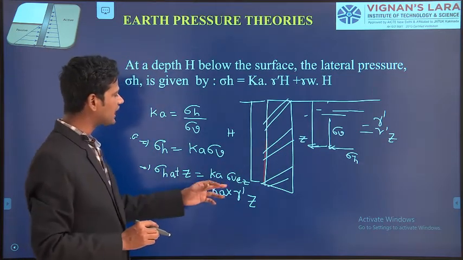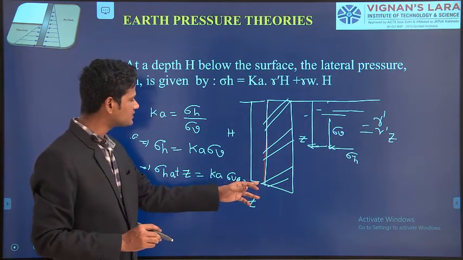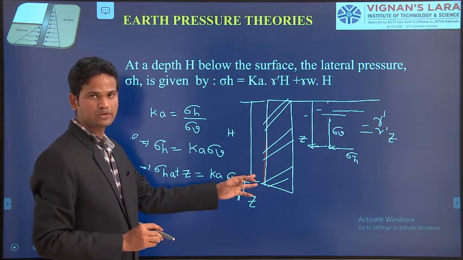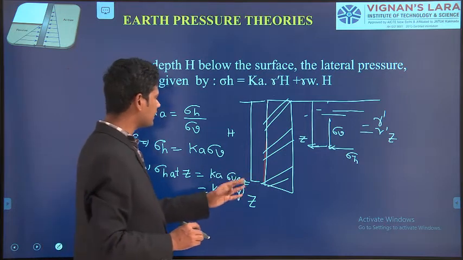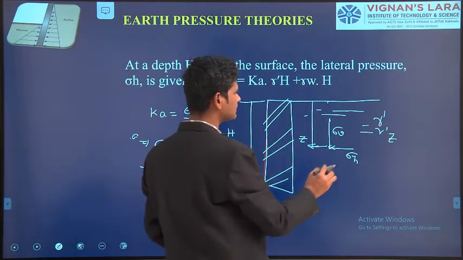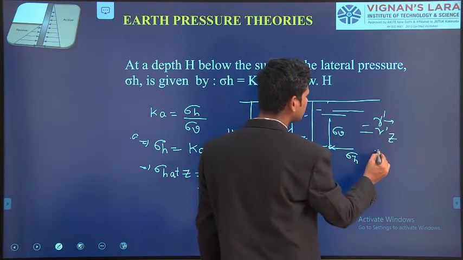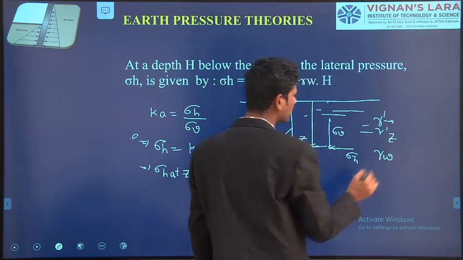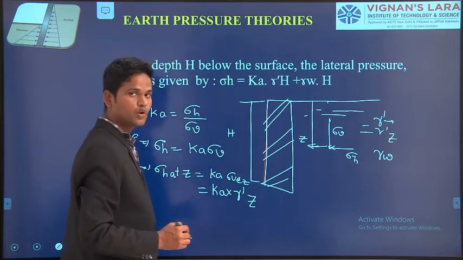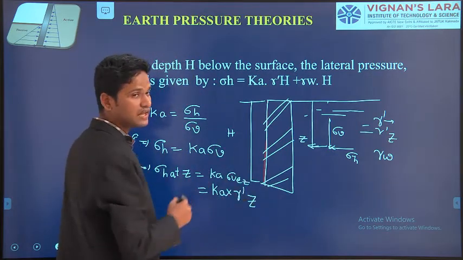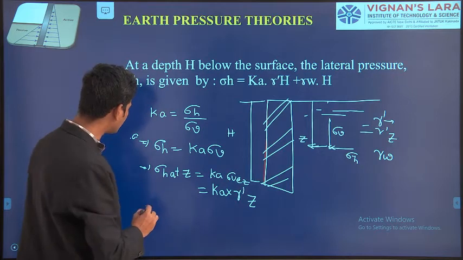Suppose you want to calculate the vertical pressure at this particular depth; we will see how. In this condition the soil mass is submerged, and there is also the presence of pore water pressure. Pore water pressure also creates some pressure on the wall, and that pressure we also have to calculate.